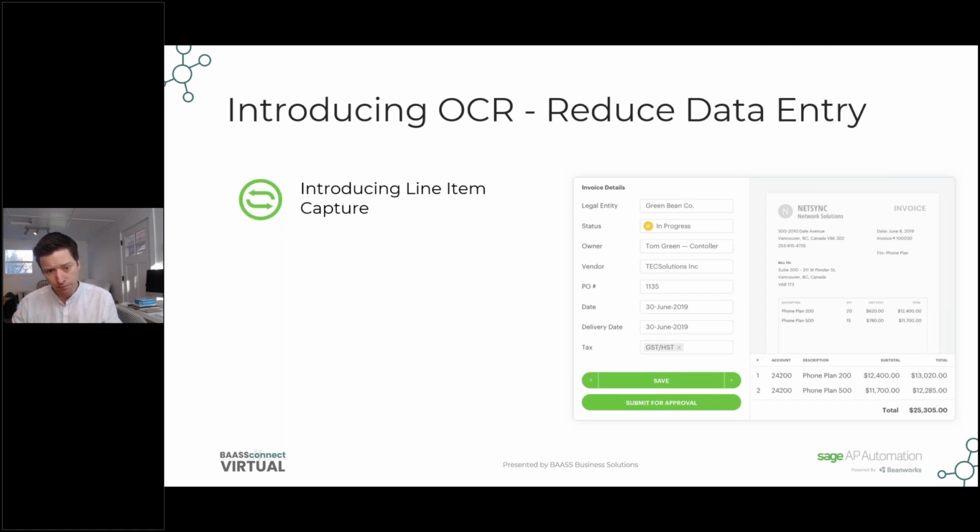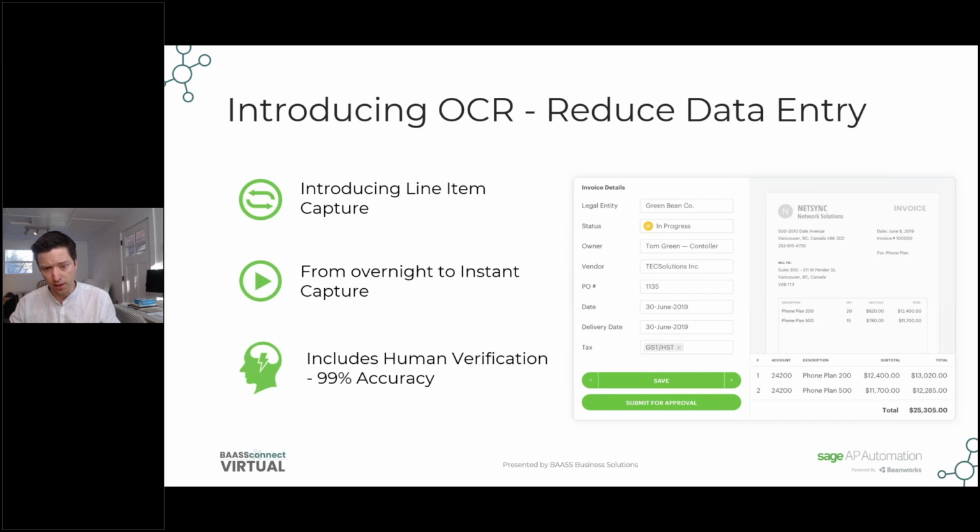This solution will still have the human verification piece to ensure 99% accuracy, but OCR will allow us to continue adding functionality and automation into the future.